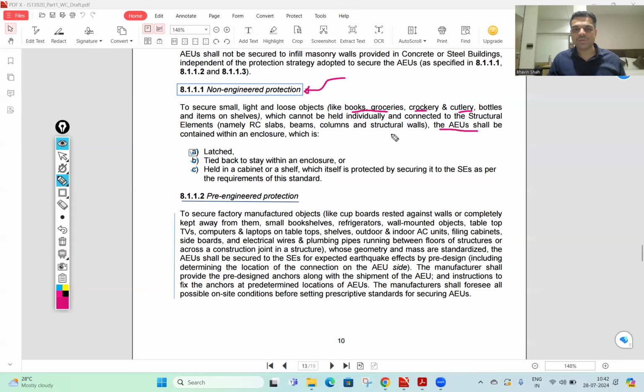The AEUs shall be contained within an enclosure which is, let's say, latched, tied back to stay within the enclosure, and held in the cabinet or shelf itself, which itself is protected by securing it to the SEs as per the requirements of the standard. So these all are called a non-engineered protection.